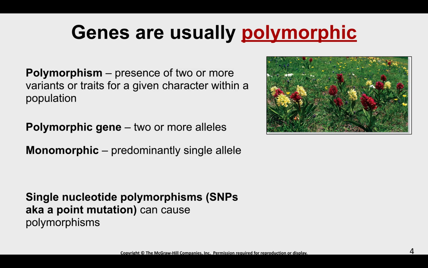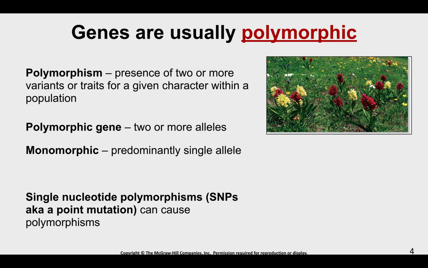Everything we've looked at up until this point has been polymorphic organisms, specifically diploid species. So they have a capital letter and a lowercase letter, and then we have those two variants. There could be more than two variants, but in Biology 101, we're just going to focus on the two. Once we add in a third, our equations start to get more complex. So a polymorphic gene has two or more alleles.